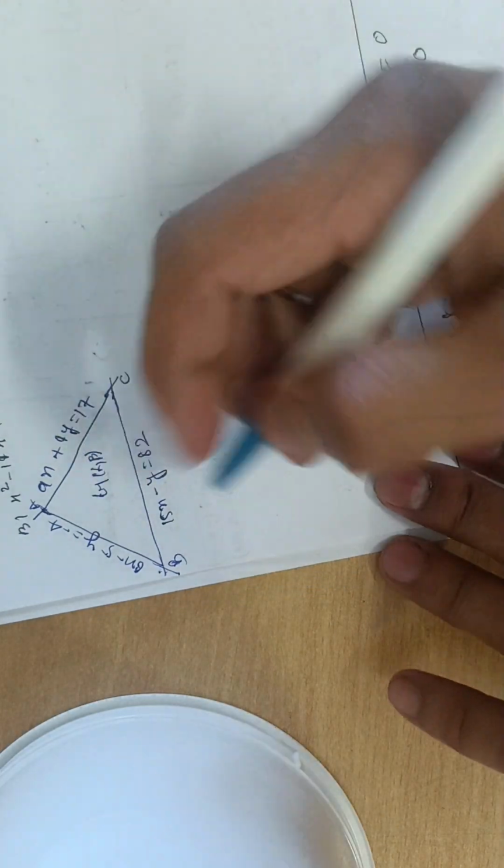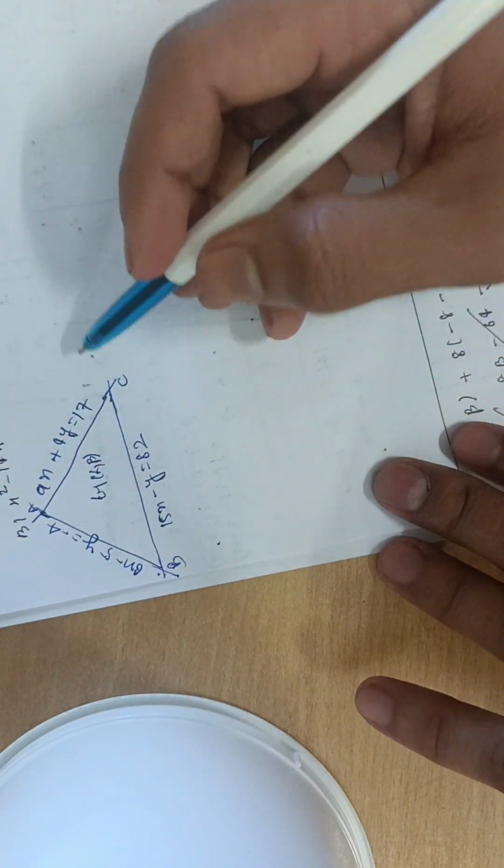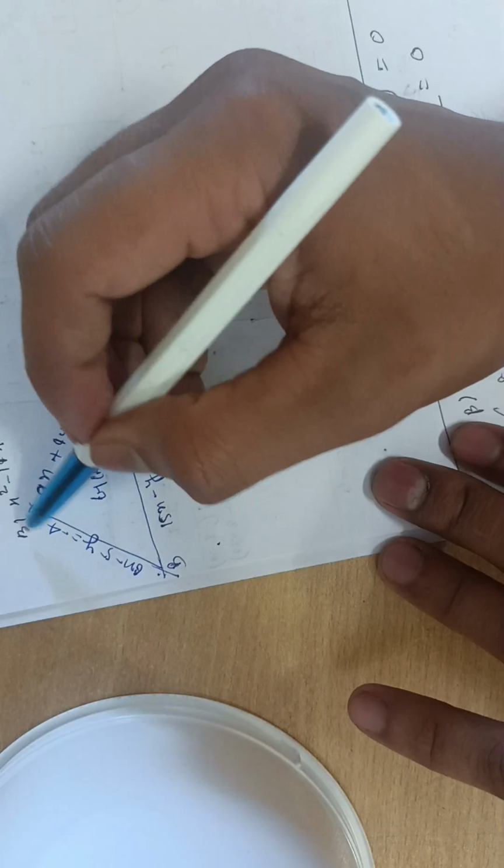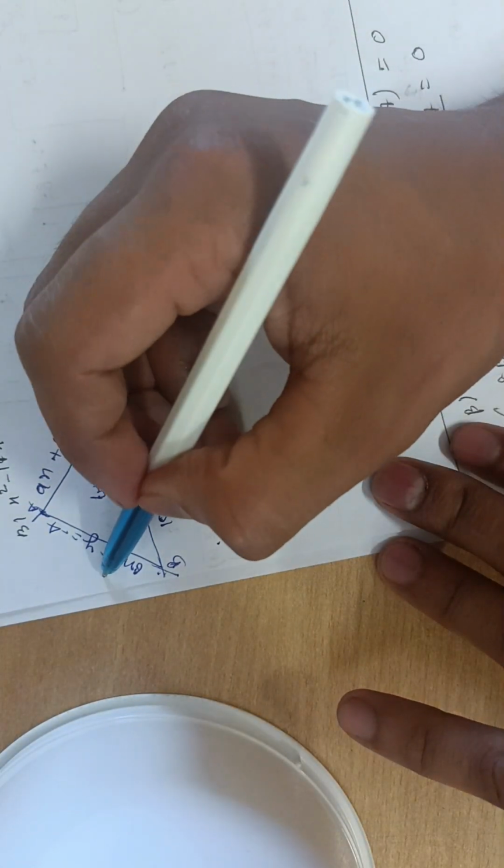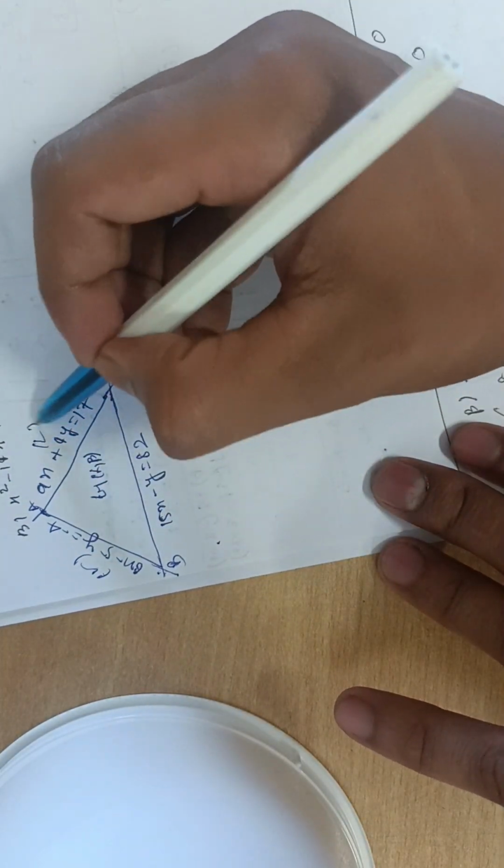So first we determine the vertices. For determining the vertex, suppose we determine A, we have to solve this equation and this equation.